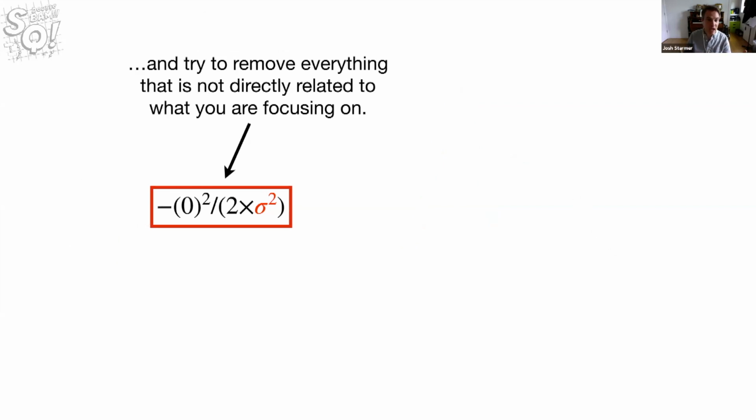And try to remove everything that's not directly related to what you're focusing on. So now, when we look at this part of the equation, we can meditate on it without any distractions. And that's very important to make sure you've got people's concentration focused on what you want them to be focused on, and not just a green dot that's been moving around on the screen.